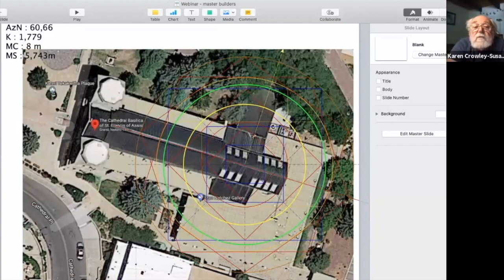This is the real orientation of the church. That means it's oriented at 18 degrees from the equinox, which means 108 degrees from the north.